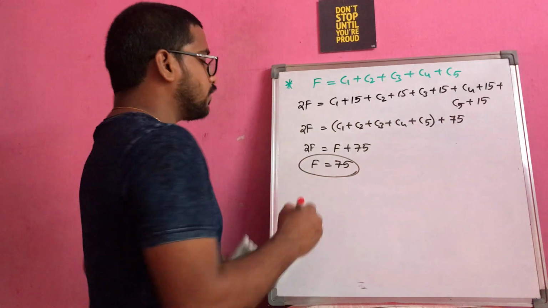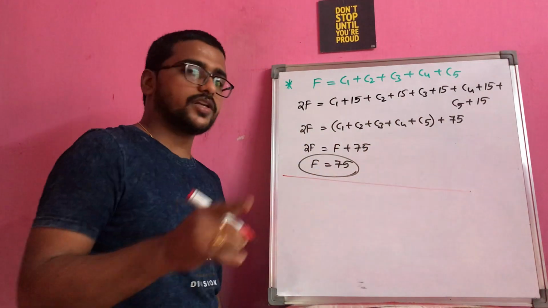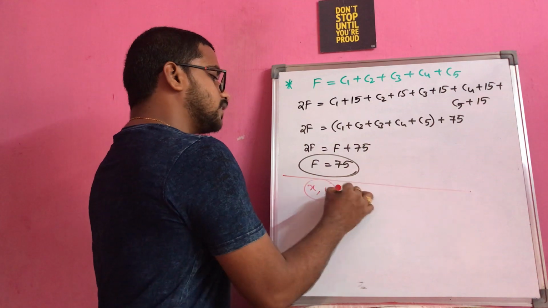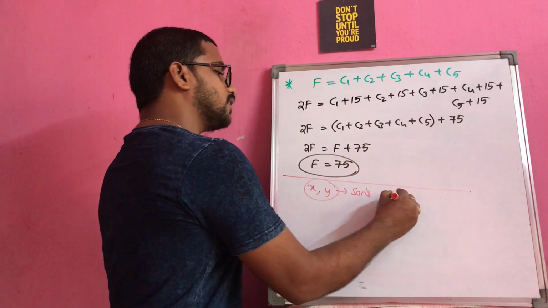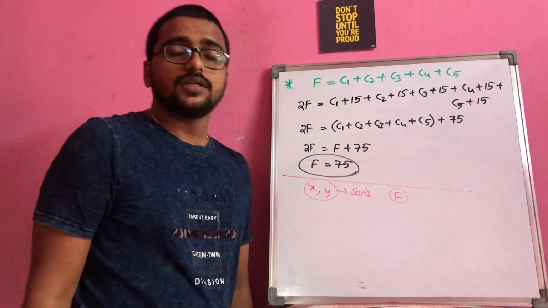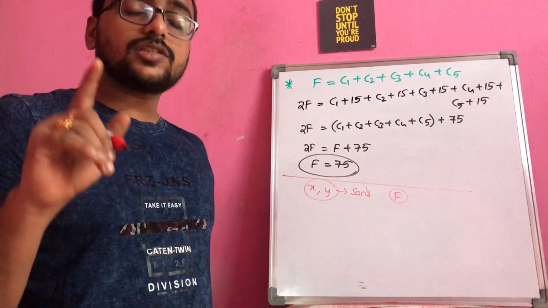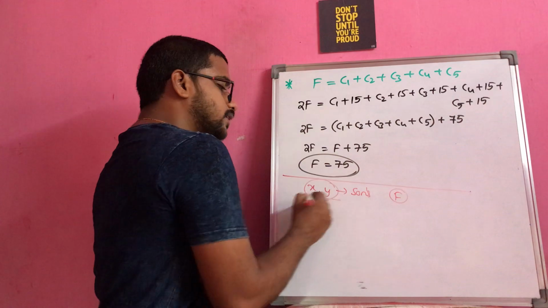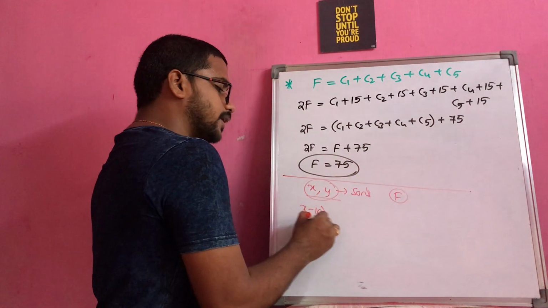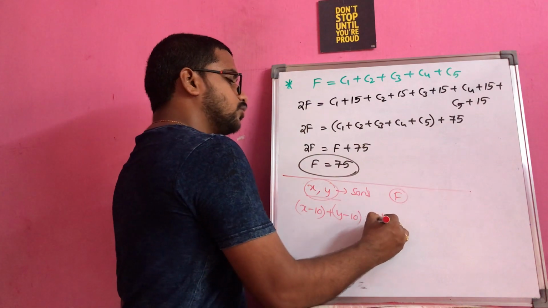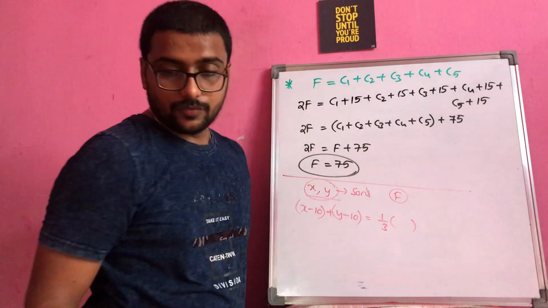So let us say we are having 2 children here, x and y. X and y are the sons' ages, and father's age, let us keep it as f only. 10 years ago, sum of the ages of 2 sons. So 10 years ago, these people's ages will become x minus 10 plus y minus 10 is equal to 1/3 of father's age.